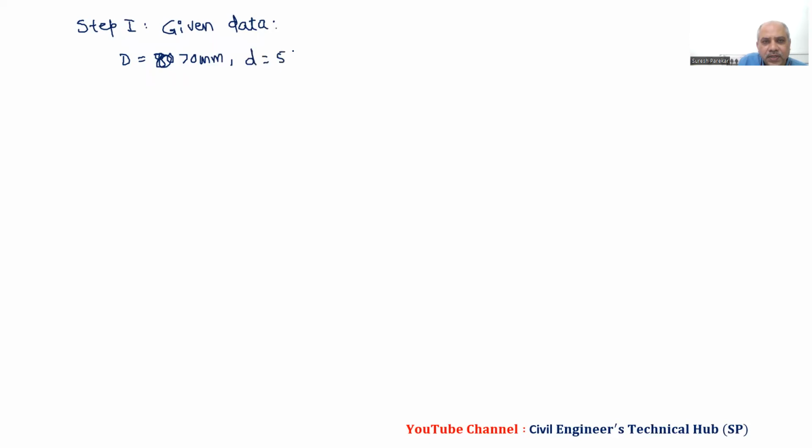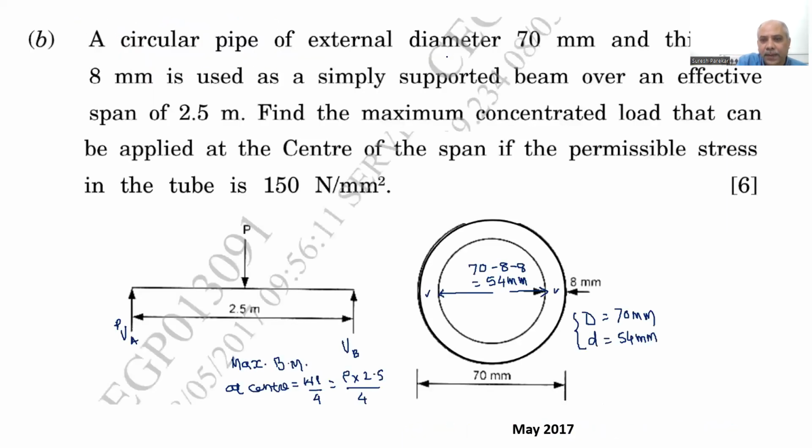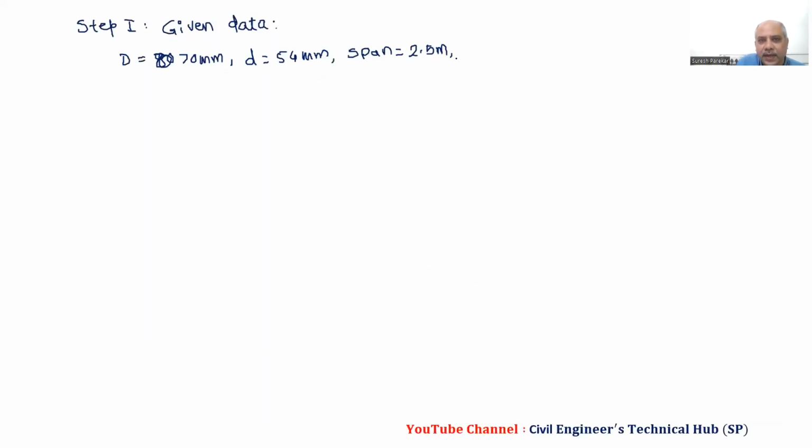Small d we have 54 millimeters. Span we have given equal to 2.5 meter. Sigma max is given 150 Newton per mm square. So these data are given.